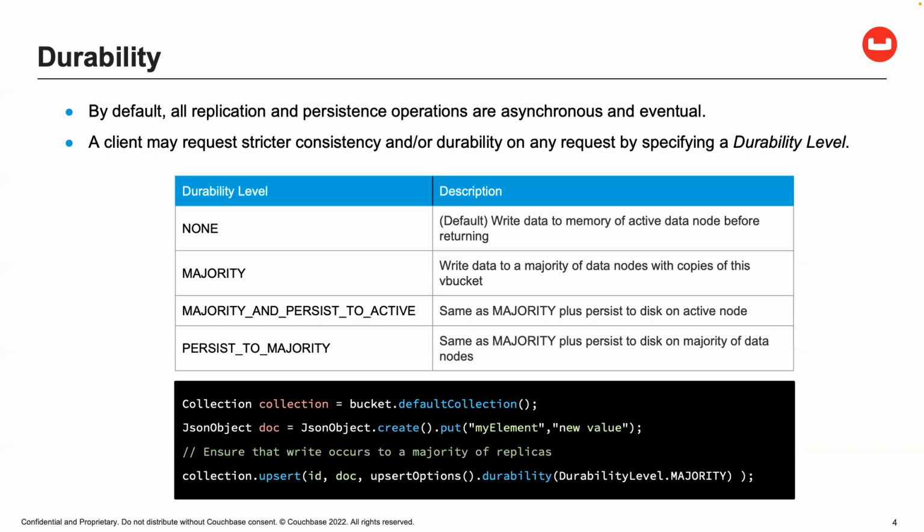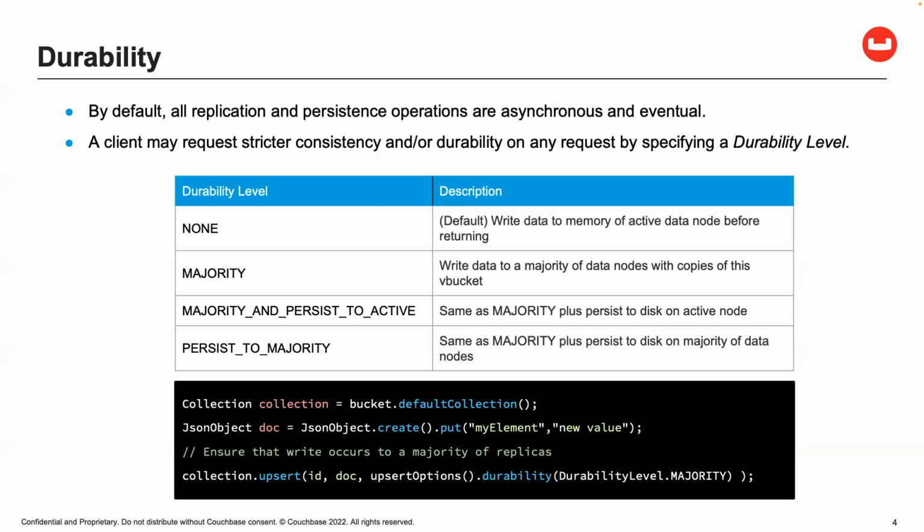This form of write is referred to as a durable or synchronous write, since the default is asynchronous. Couchbase supports durability for up to 2 replica data sets. So even though I said we support up to 3 replica sets of a single bucket, if you so choose, durability is only supported up to 2 replicas.